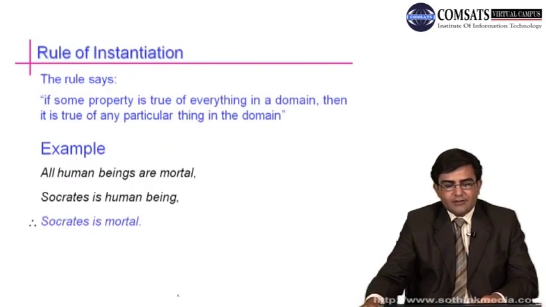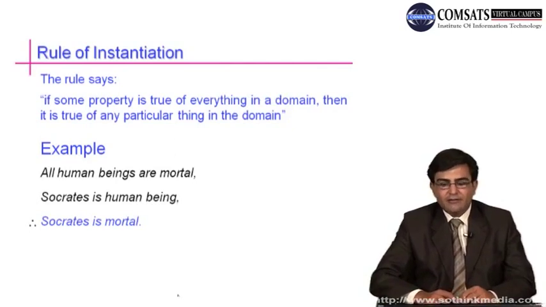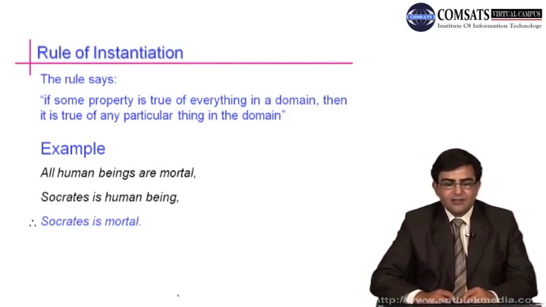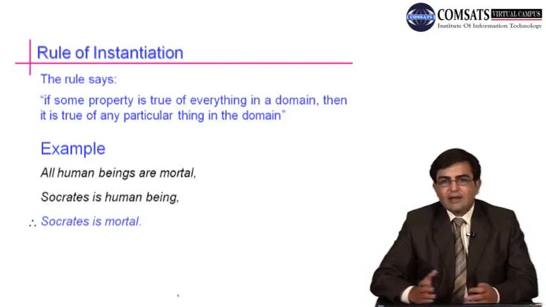The next is rules of instantiation. The rule says if some property is true for everything in a domain, then it is true for any particular thing in the domain. If I say that in a class of discrete mathematics, all the students are older than 20 years, then this statement is true for every student, that is, for any particular student in the class, for example Aamir.